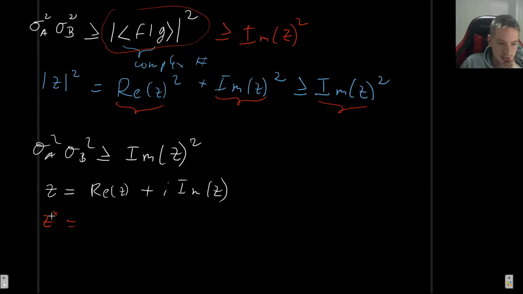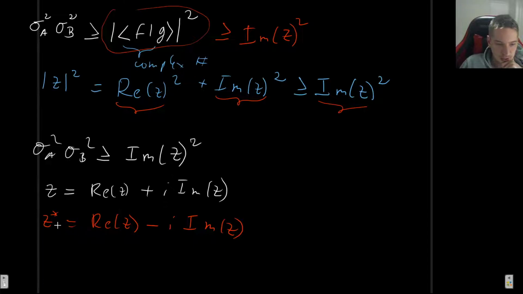And if we take its complex conjugate, we get the real part of z minus i times the imaginary part of z. So now, since what we want to do is to determine what this imaginary part is, then, well, all we have to do is subtract these two quantities right here.